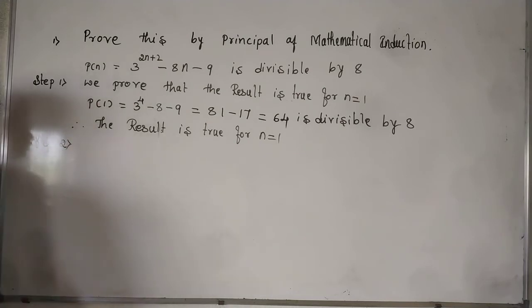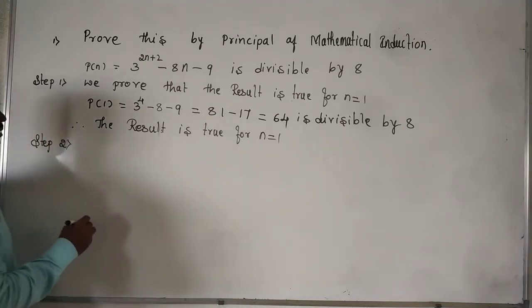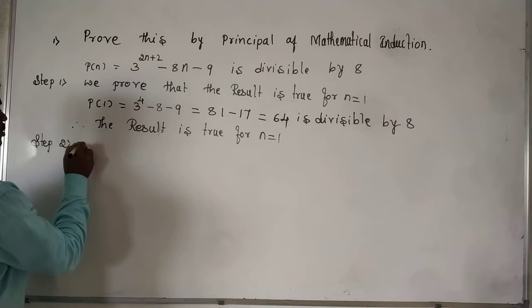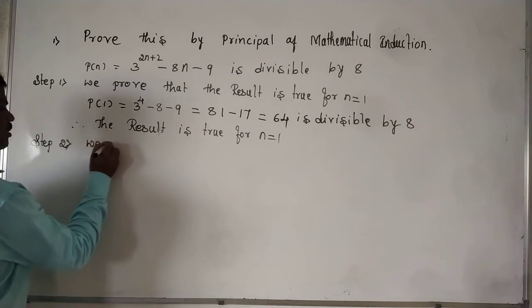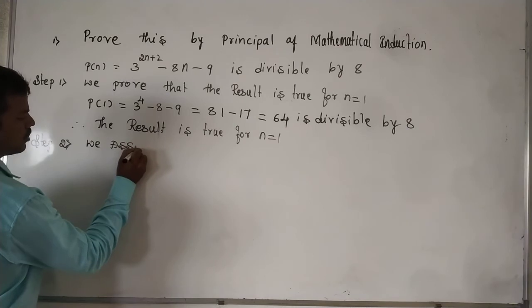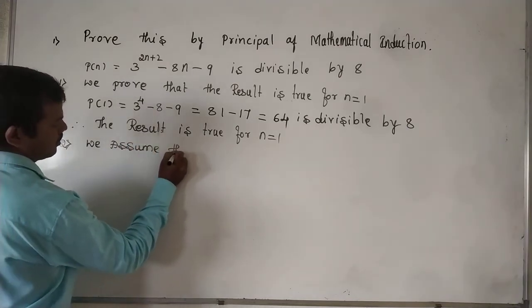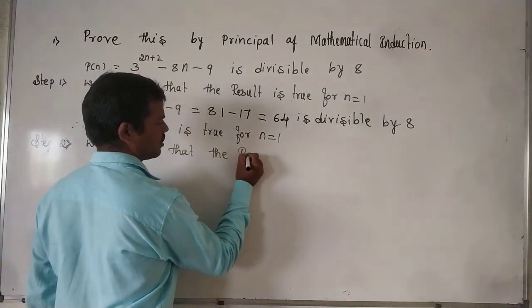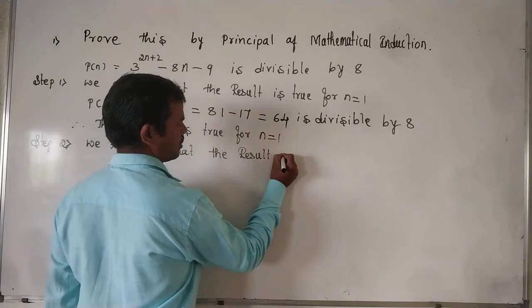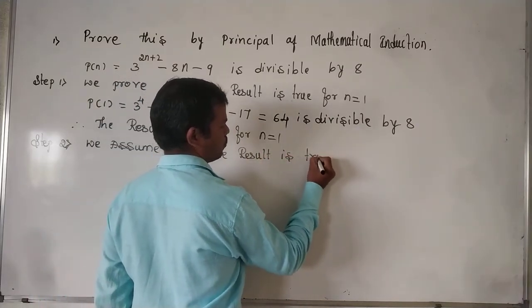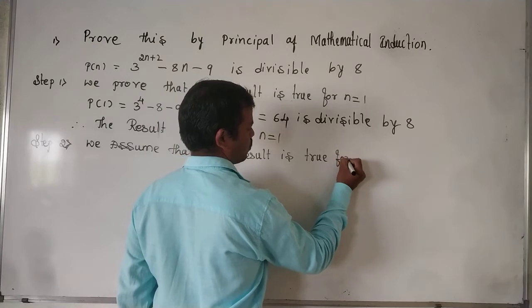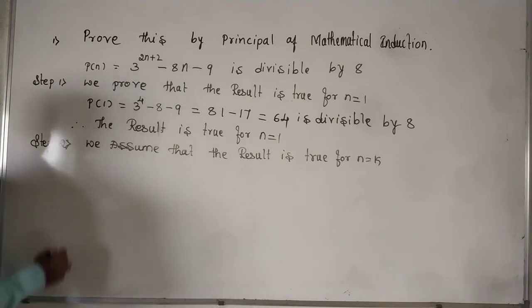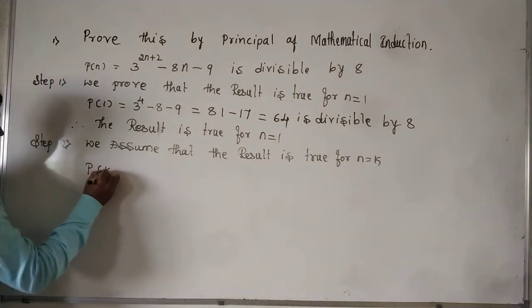Step 2. So what is step 2? We assume that the result is true for n equal to k. Now what we do, P of k is divisible by 8.